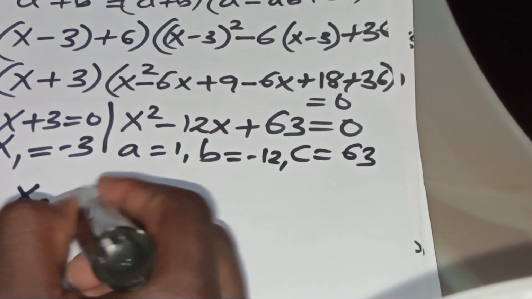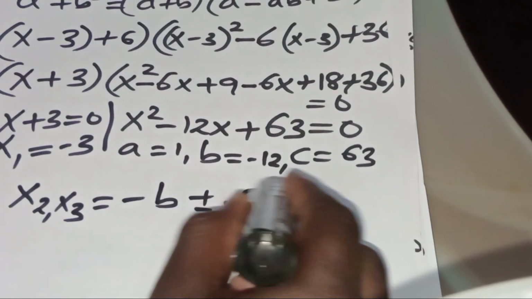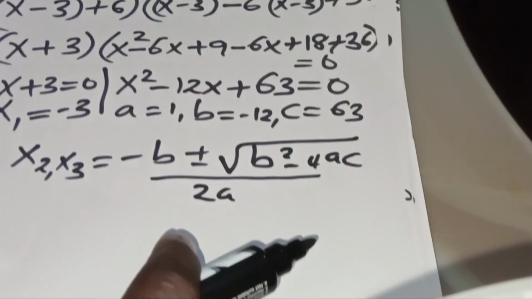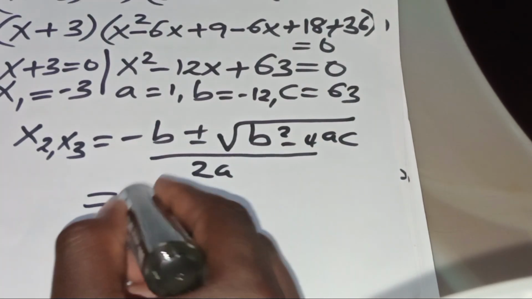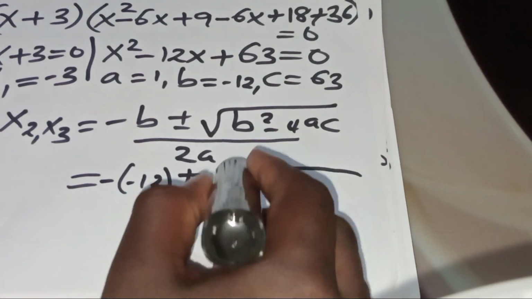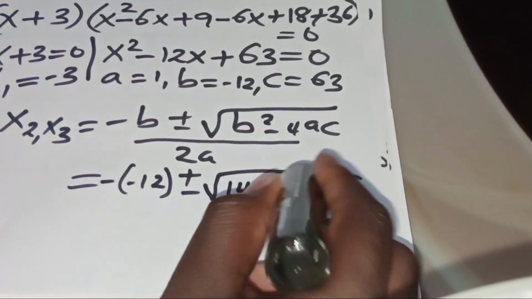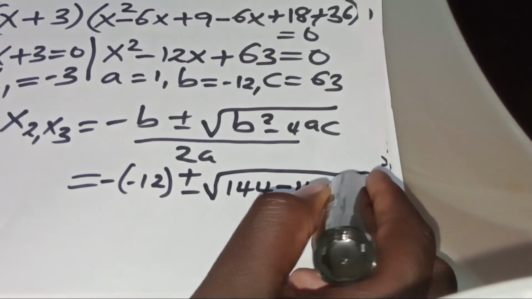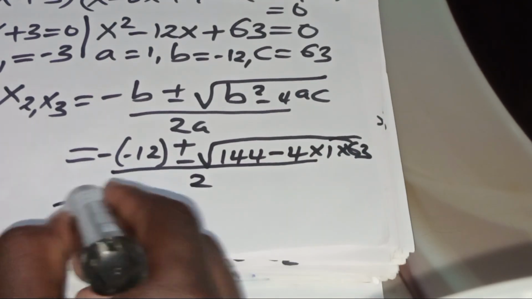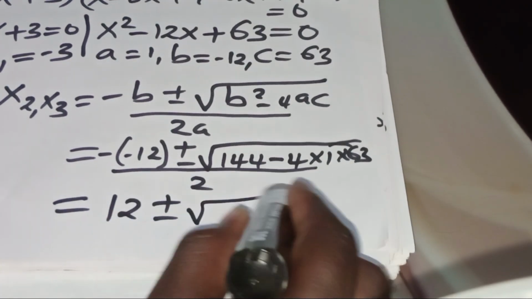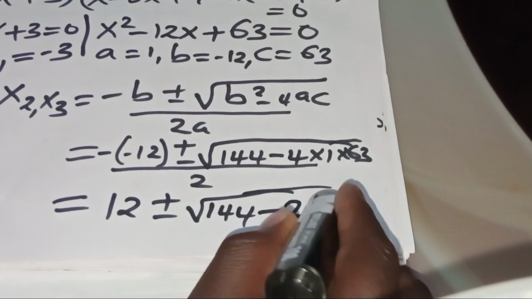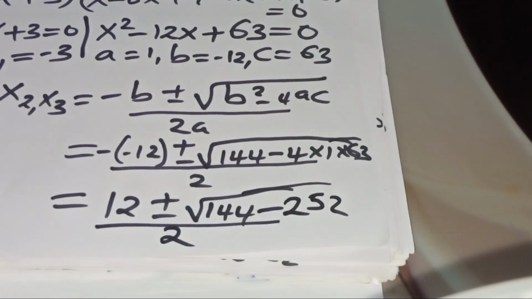For x2 and x3, x = (-b ± √(b^2 - 4ac)) / 2a. Substituting, we'll have (-(-12) ± √((-12)^2 - 4 × 1 × 63)) / 2, where (-12)^2 is 144 and 4 times 63 is 252. So let's proceed.